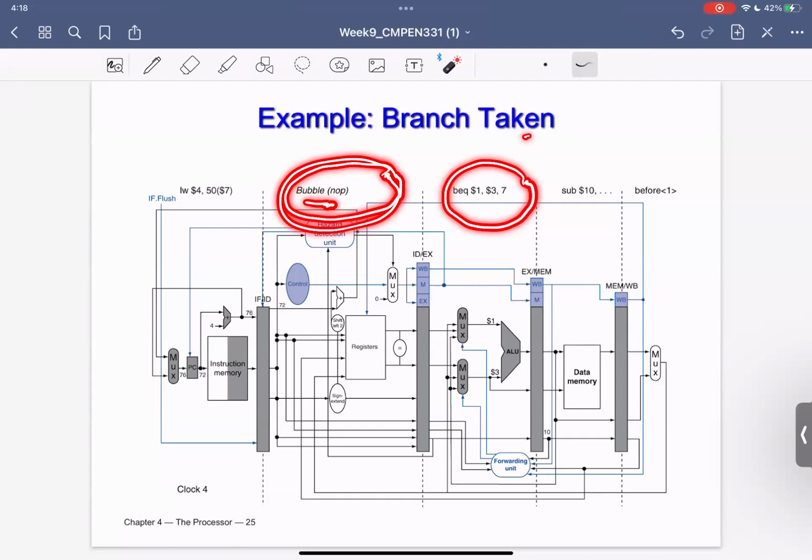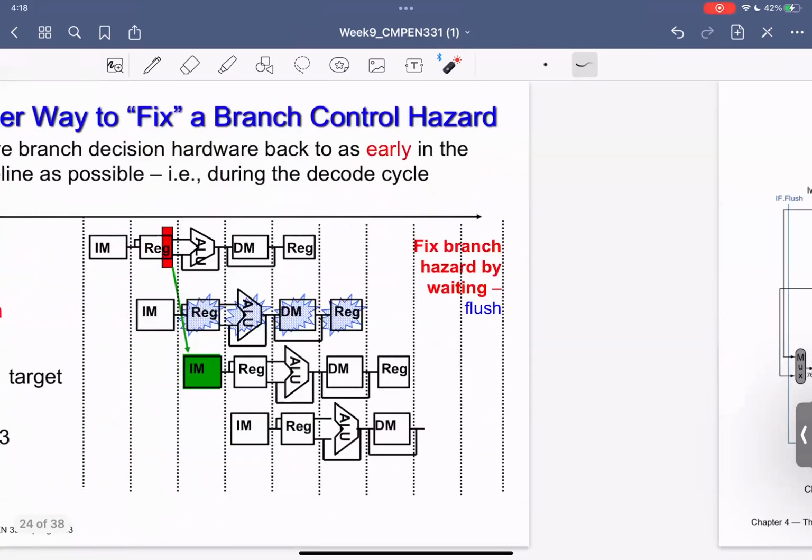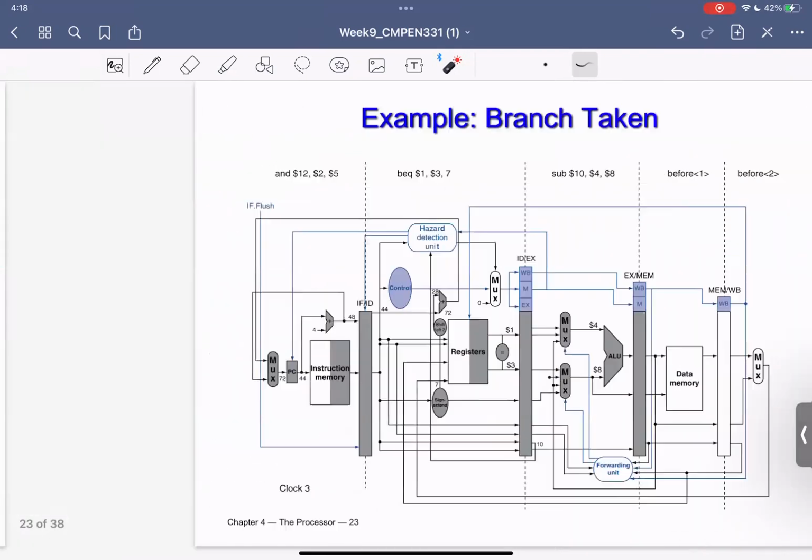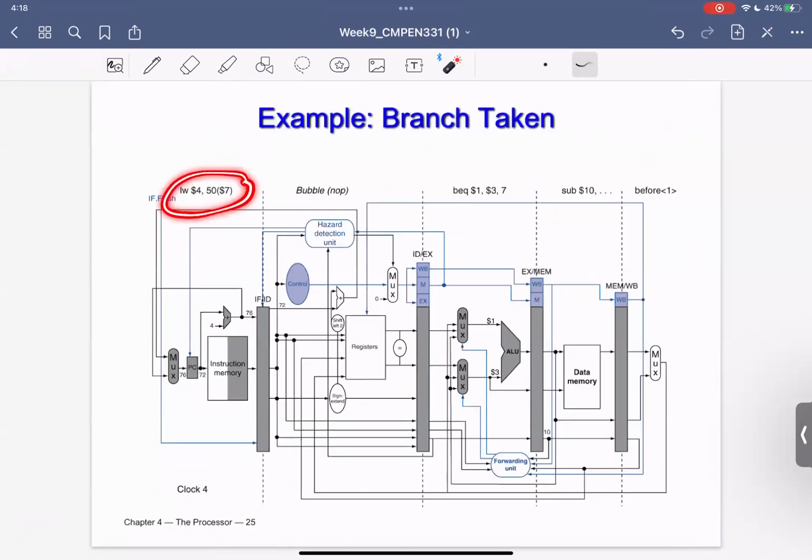But I know that if it is taken, I will go to the load word, and the load word will be my next instruction to be fetched. If you look here, if the branch is taken, my next instruction will be that one, as you can see from here. So if the branch is taken, I have to flush or stall for 1 clock cycle, and then in the next clock cycle I fetch the correct instruction, the branch target instruction, because this is branch taken.